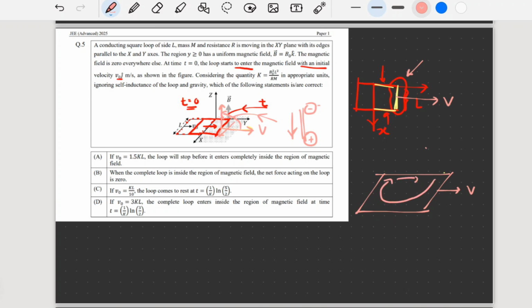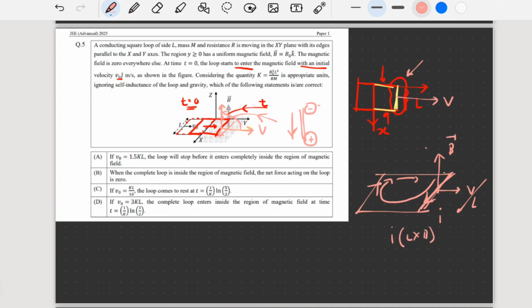If the current is flowing in the loop like this, then the magnetic field is acting upward. Let's say the current amount is I. Then BIL will be the magnetic force on this L side. I L cross B. What is the direction of the force?